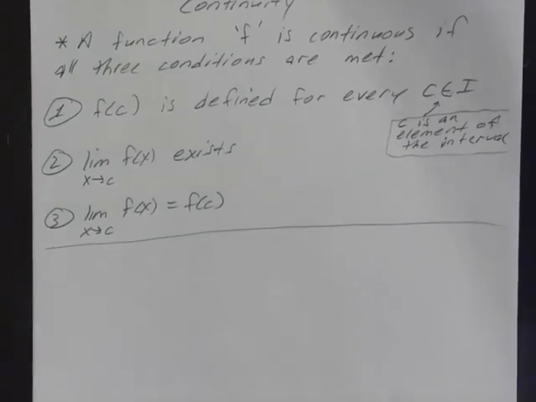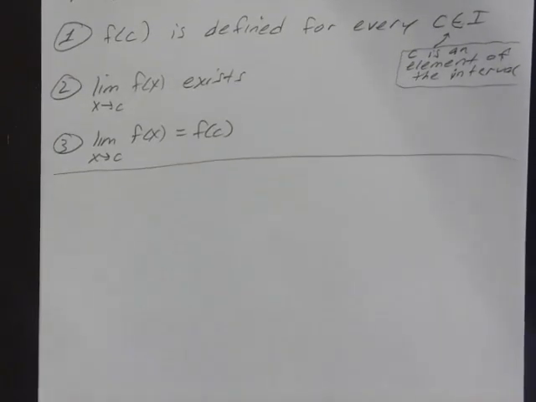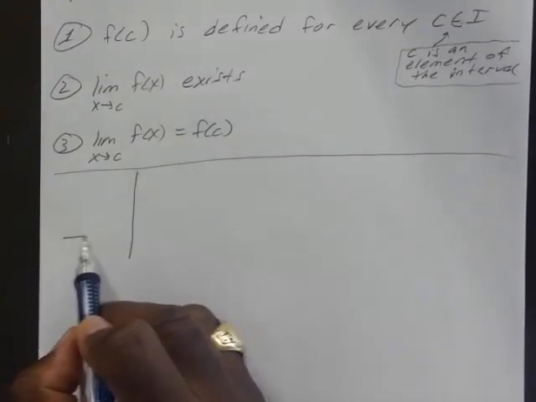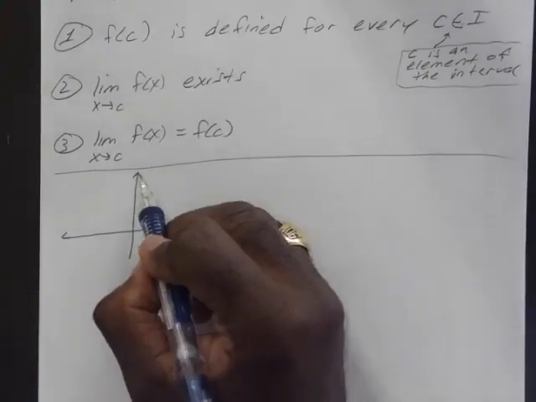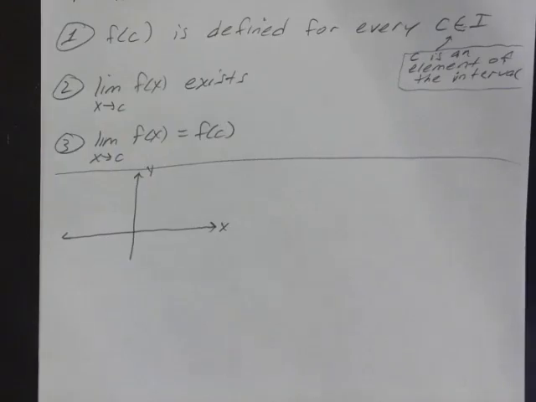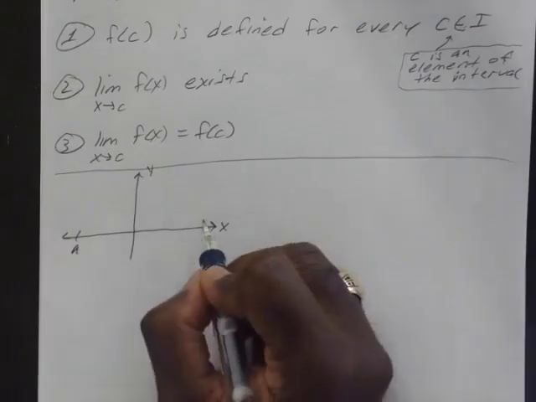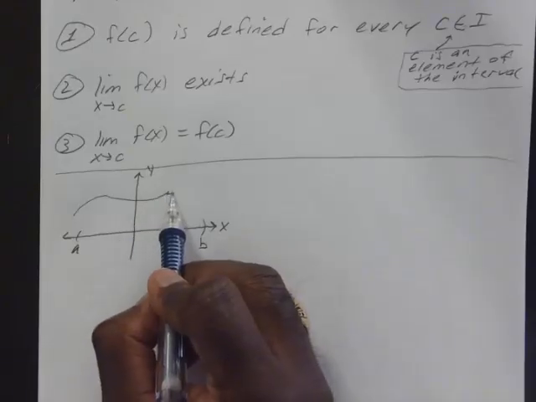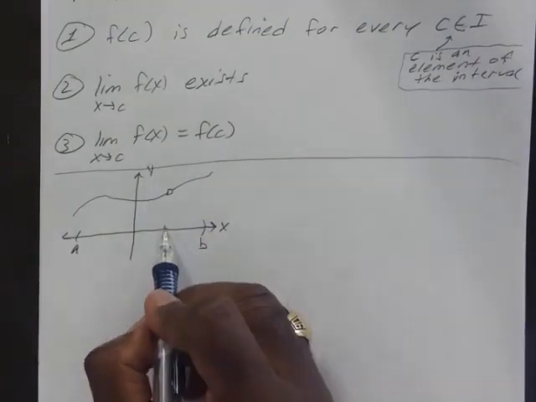Okay, so let's see how the graph would look if they failed any one of those conditions. Okay, so let's say if we have a graph on the xy axis, and on some interval from a to b, you have a function where it's undefined in that value that we will call c.